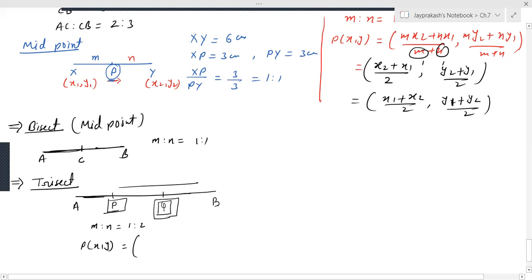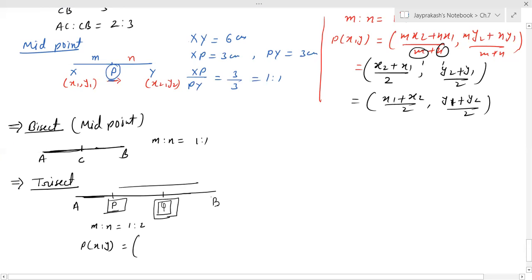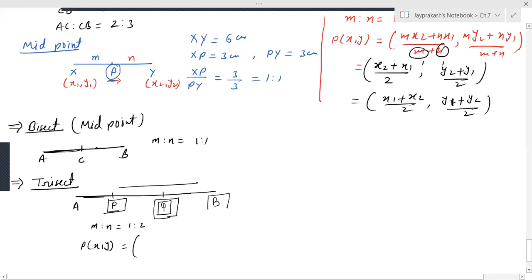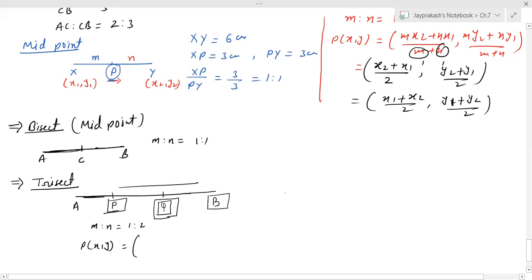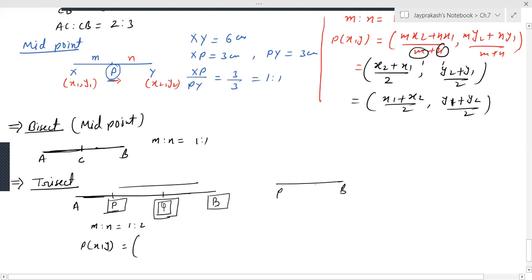Now these are trisect, so if I use points P and B, then P and B, point Q is the midpoint of PB.